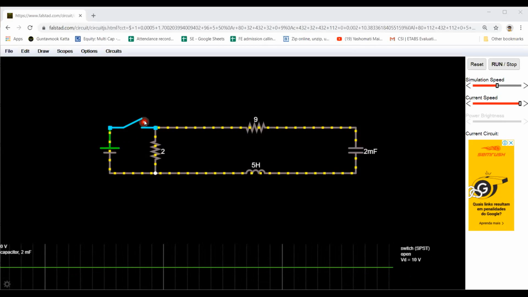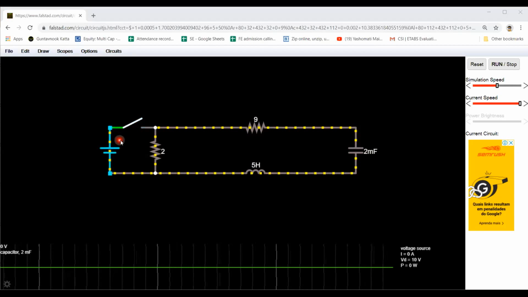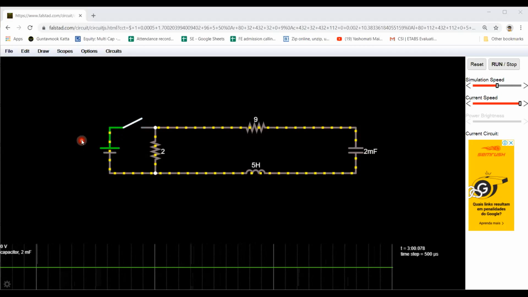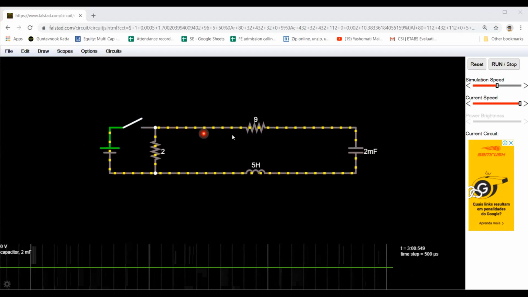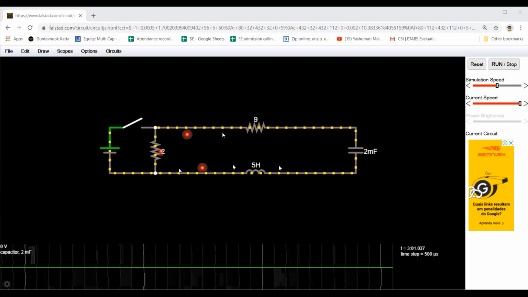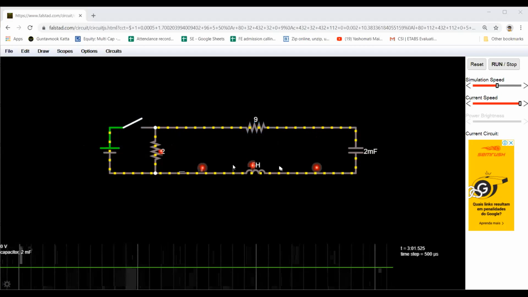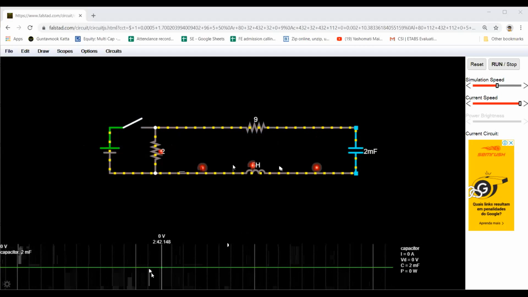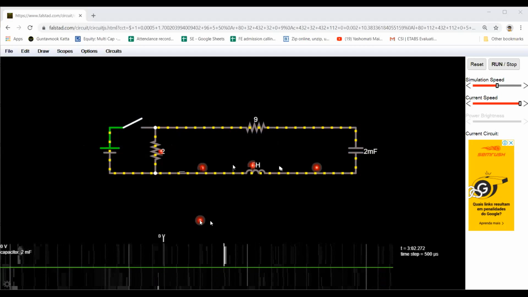Now, this switch was open for a long time. You can observe the current in yellow dots. So the current waveform is shown in yellow dots, and this is the oscilloscope screen on which you can observe it now.